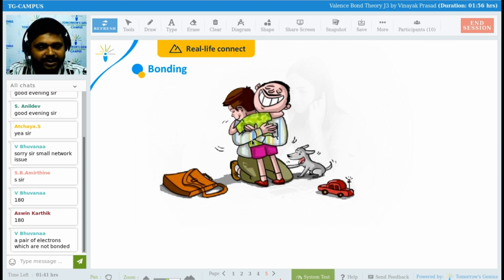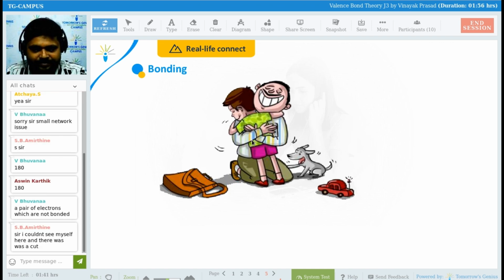It means there is one-sided sharing, so that will be a case for a coordinate covalent bond, right? Yes or no, guys? I also gave you the example of the formation of the hydronium ion, how it is formed with the H plus ion. Do you remember or not?